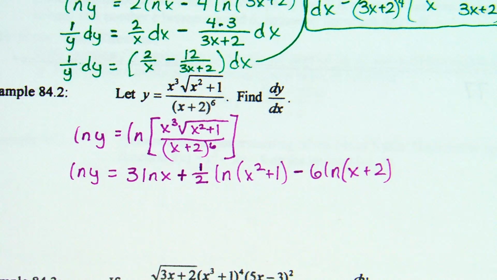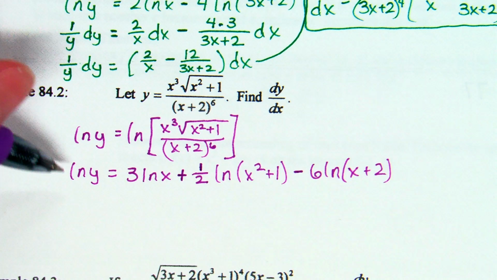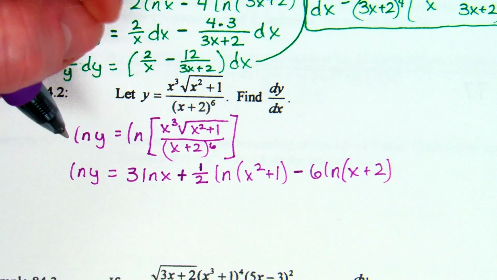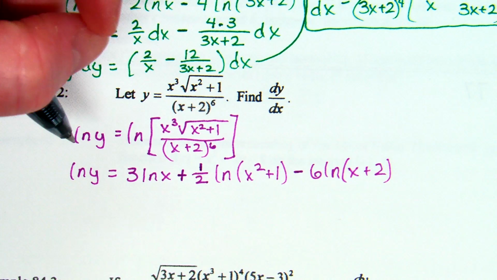Okay. So what was my next step after we got all of our logs separated? We've got to take our derivatives. So, what is the derivative of natural log of y? Derivative of natural log of something?